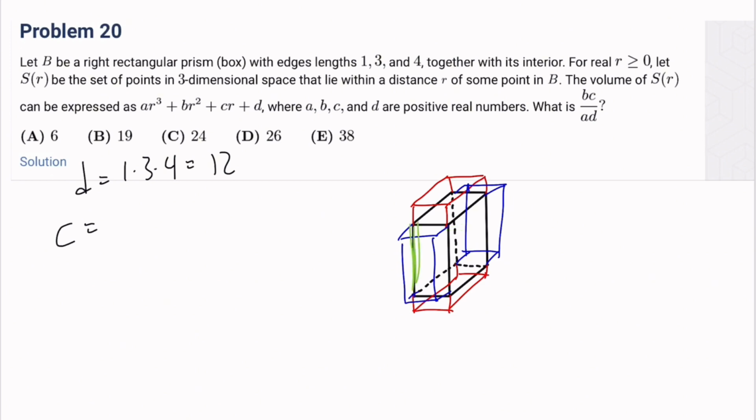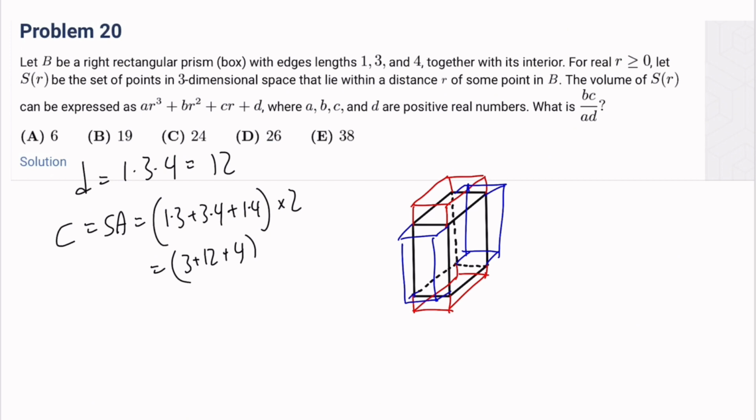That's also true for this face over there. So this is just going to be the surface area times r, but that's Cr, so C is just going to be the surface area. So this is 1 times 3 plus 3 times 4 plus 1 times 4, all times 2. So this is 3 plus 12 plus 4, times 2. So this is 19 times 2, which is 38, right? So D equals 12, C equals 38.